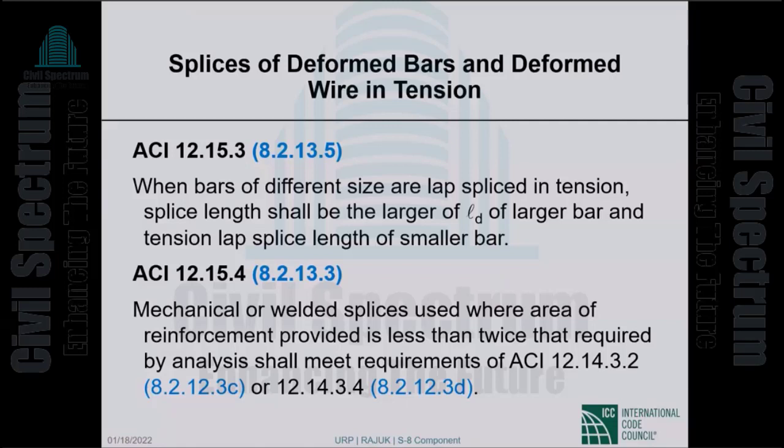Those less than full splices will not do. Okay, that's what those two sections are: full mechanical splice, full welded splice.